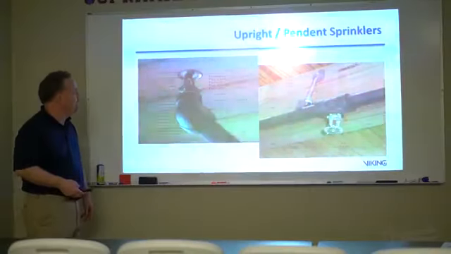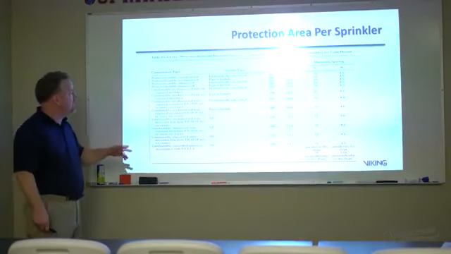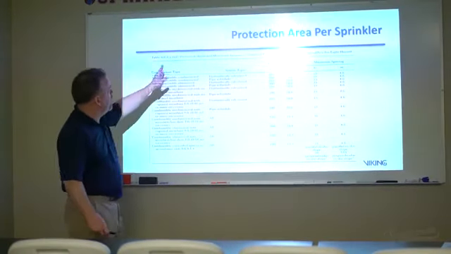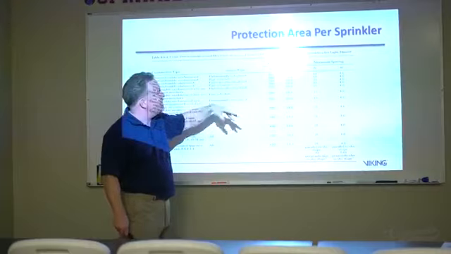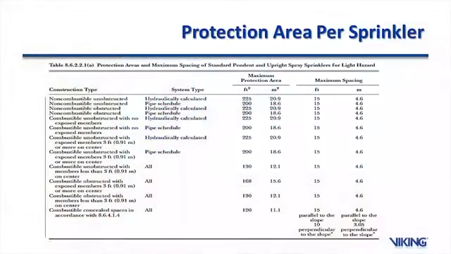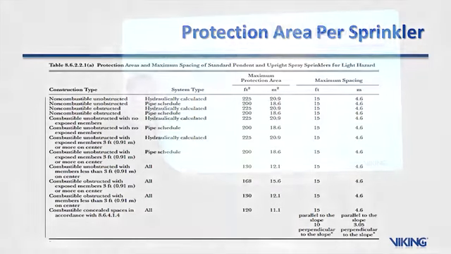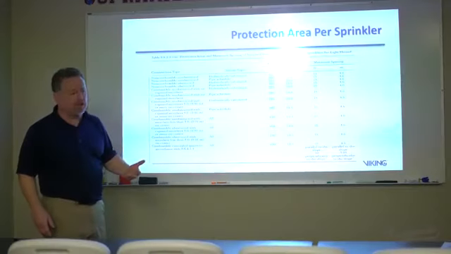So for upright and pendant sprinklers, once again, we have to get into the protection areas of maximum space for light hazard. Remember I told you about light hazard occupancies with standard spray pendant and upright sprinklers. We have to know what that occupancy classification is because it's going to have an impact on the maximum area of operation.